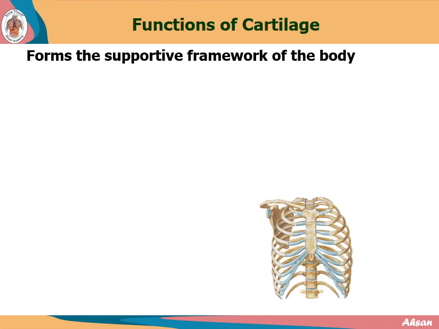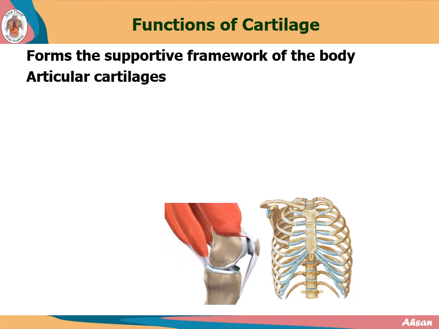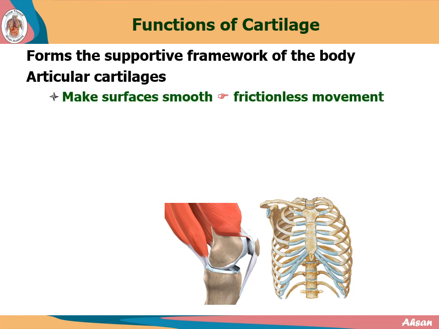Cartilage, along with the bone, forms the framework of the body. That framework allows some degree of flexibility. The articular cartilage is present at the articular end of the bone, meaning articular surfaces are covered, so it makes the surface smooth and frictionless.